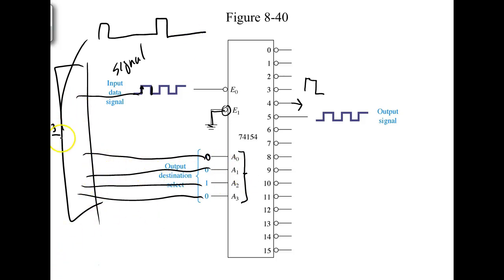Well, if I'm selecting input 3, I would come over here and I would send this right here. That would allow this signal to go on the output. So when it went high, that would disable the chip and output 3 would go high. When it went low, that would enable the chip and output 3 would go low.